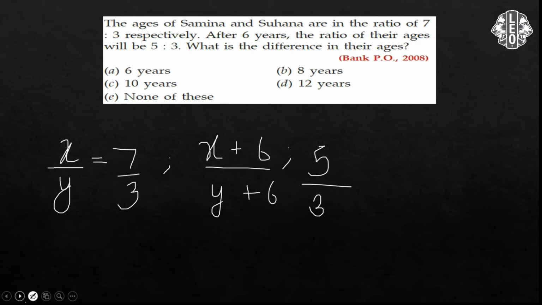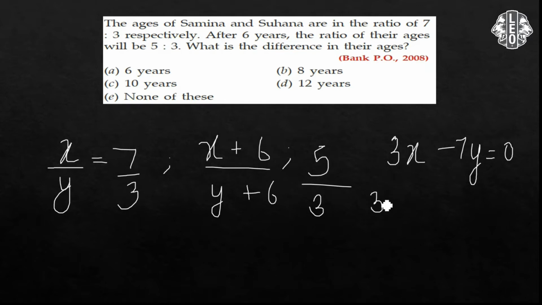I'll go to the next page. From the first equation I can consider 3x minus 7y is equal to 0. Then similarly, 3x plus 18 will be equal to 5y plus 30.